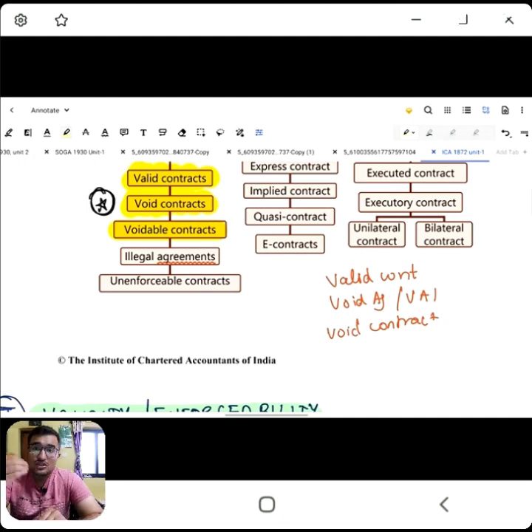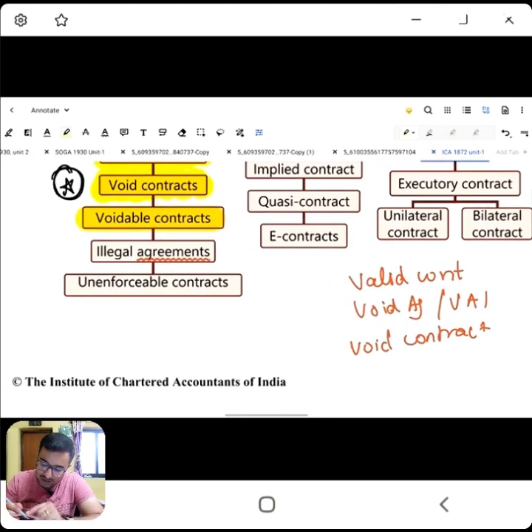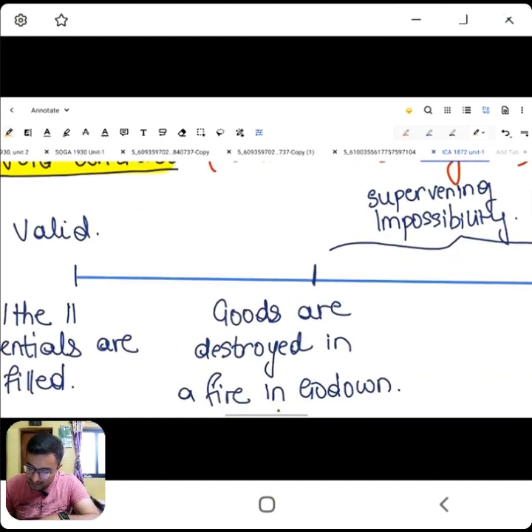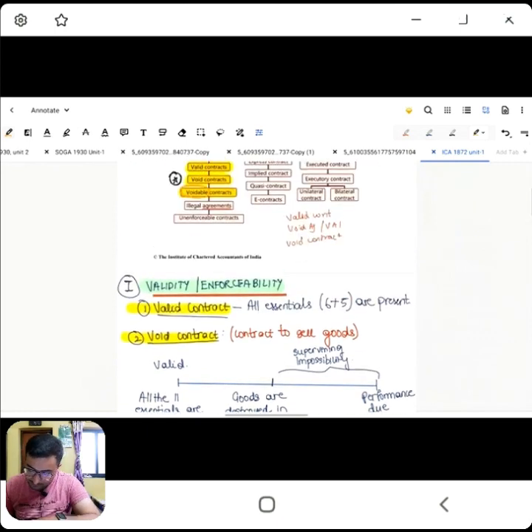It is achievable, means if you want to achieve it, you can achieve it. Similarly, when I say the contract is voidable, I'm trying to tell you that if you want to make it void, you can make it. You have an option with you to treat the contract as a void contract. Let's understand this further.